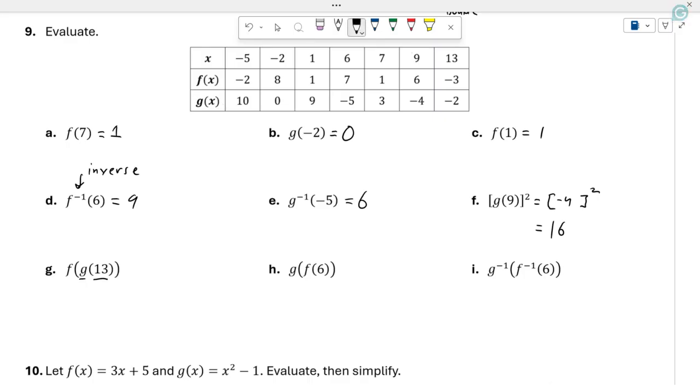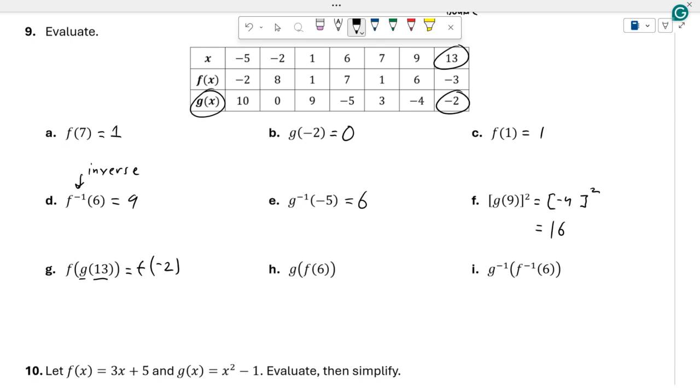So we are taking 13 and plugging it into g. When you take 13 and plug it into g, you get a -2. So I'm going to leave the f function alone for a second, and replace my g of 13 with what I just got, which was -2.